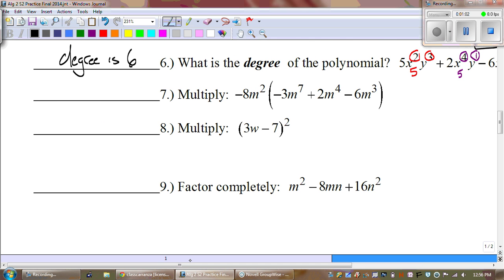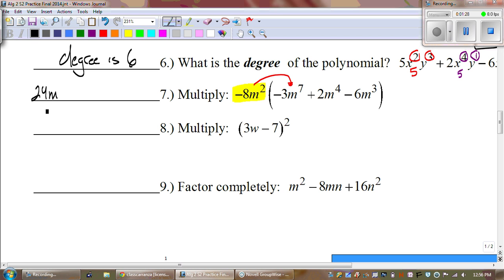All right, number 7. Number 7, we have to multiply. So we need to make sure that we distribute everything that's outside. Okay, so what's negative 8 times negative 3? Well, that's positive 24. And then we add the exponent. So 2 plus 7 is 9.